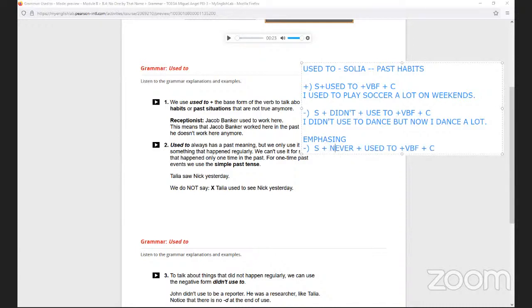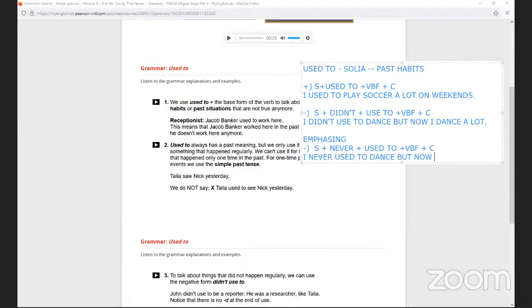Okay, never. And as I am not using didn't, I will use it with D. So this is a kind of negative sentence using never. But this is for more emphasizing some action. For example, I never used to dance, but now... And when you use this never, it is like you do it a lot of times and frequently.